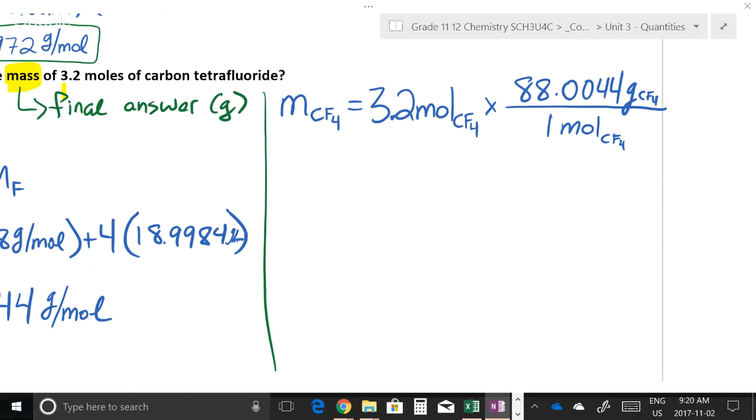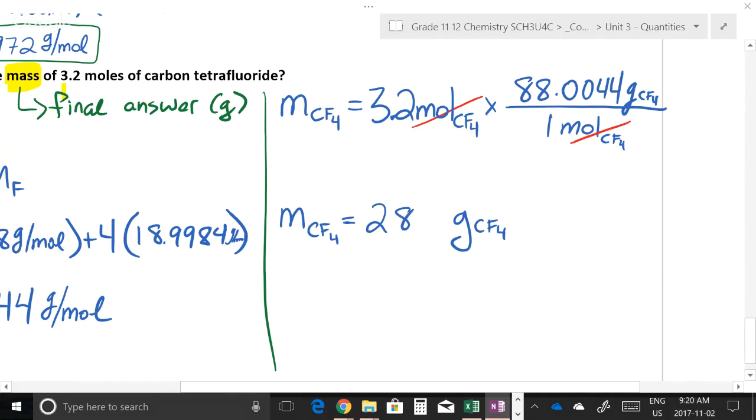What units cancel? Yeah. Moles divided by moles, that cancels. And that leaves us with what? When we multiply this out, we get grams. Great. And what's the number we get? Okay, so what's the problem here?